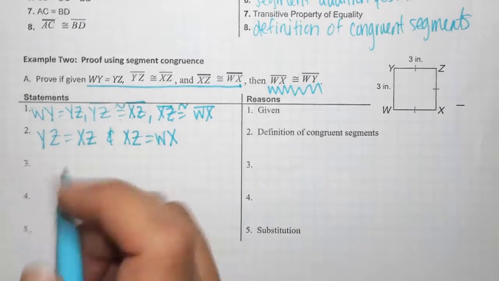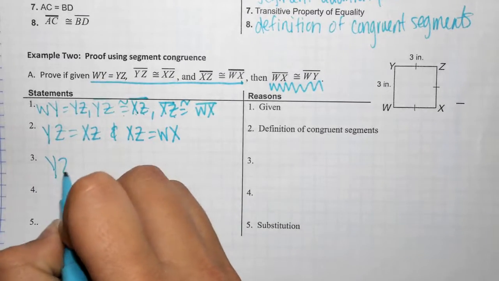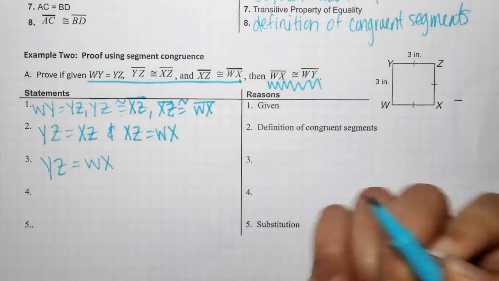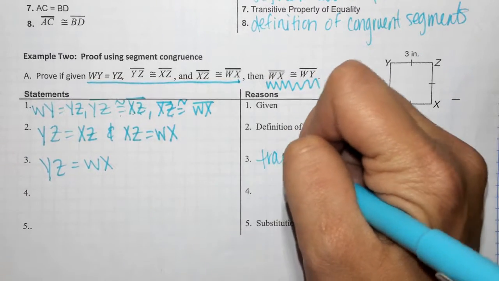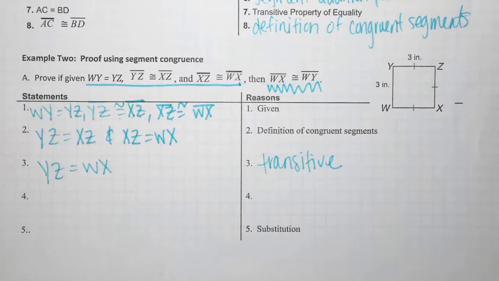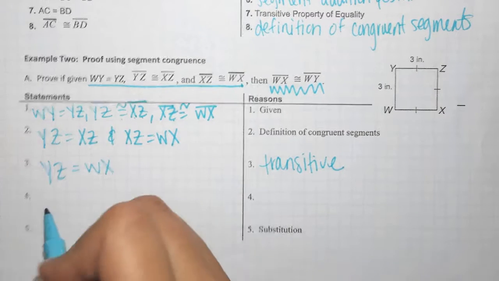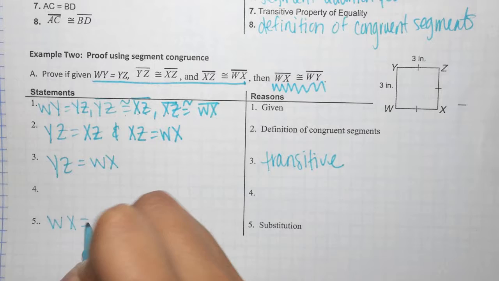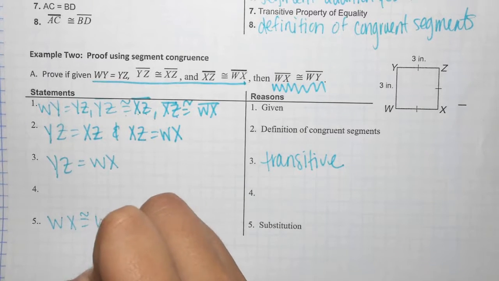Do they equal the same thing? Yes. So could we say that YZ equals WX? Transitive. This is what we're trying to get to.